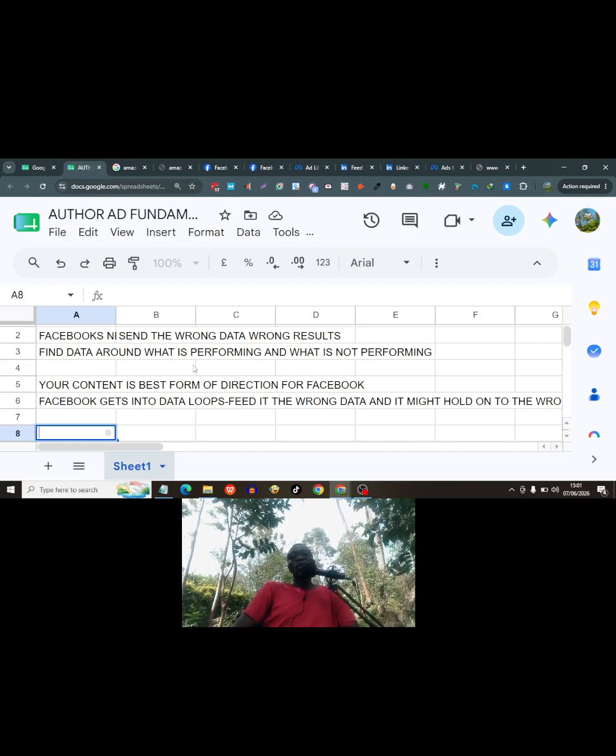Now you'd only know whether to do something like this when you know the fundamentals. It's all about the data, it's all about what you feed it, it's all about what Facebook tells you back. So it tells you what's working or not, for those doing direct campaigns, through purchases or not.